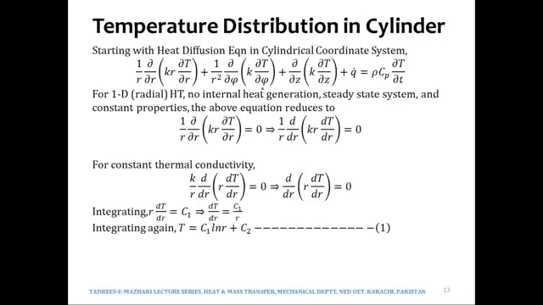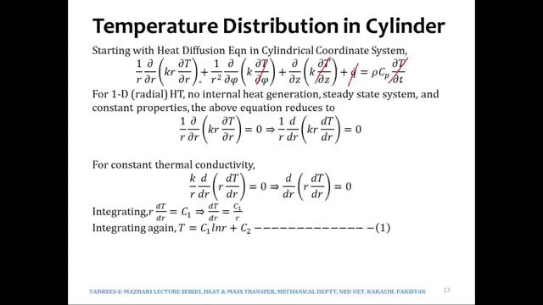And we will say that temperature does not vary circumferentially or along the axis of the pipe, so therefore the second and the third terms will vanish, and we will say that there is no internal heat generation, so therefore Q dot will also get cancelled out. And if the system is working under steady state conditions, then ∂T/∂t would be 0.